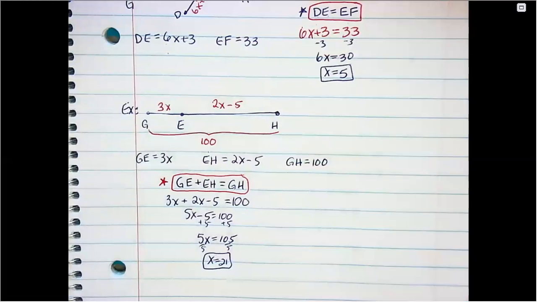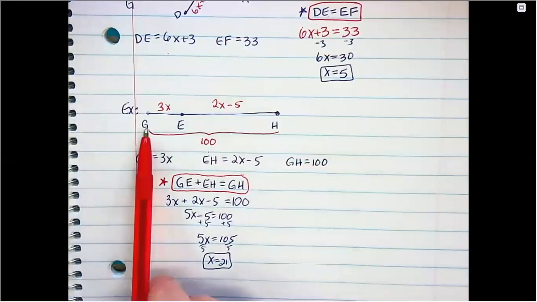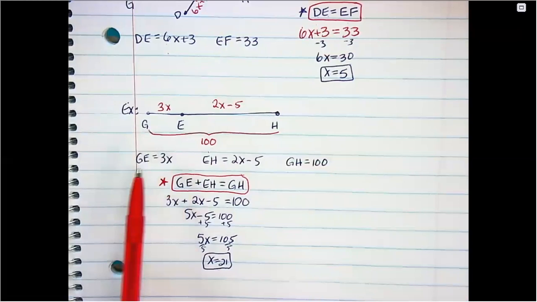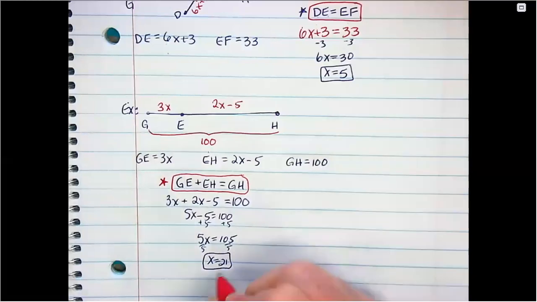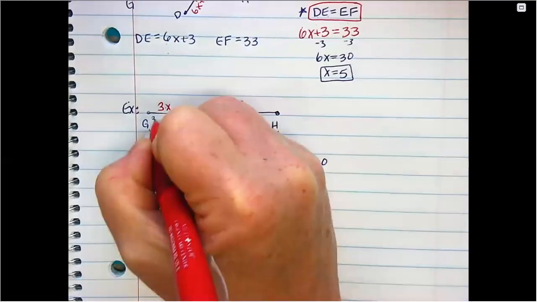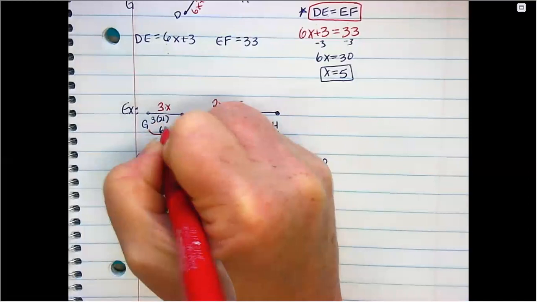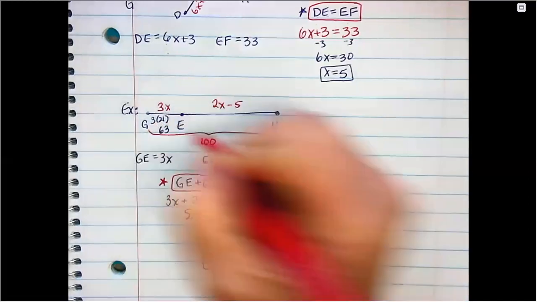Now, a few of your problems ask, is E a midpoint? Well, if E is a midpoint, the distance from G to E would have to equal the distance from E to H. So let's find out, because we have to answer that question on a few of them. We would say yes, it is, or no, it's not. We substitute the 21 in for x, so 3 times 21 would be 63. That's more than half of 100.